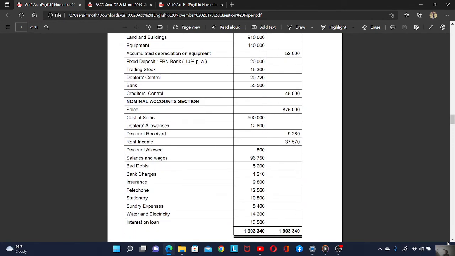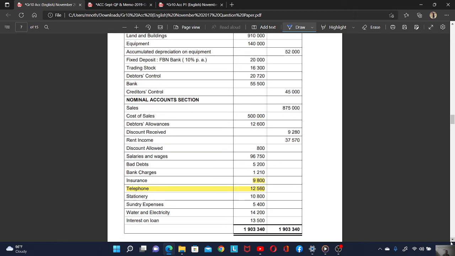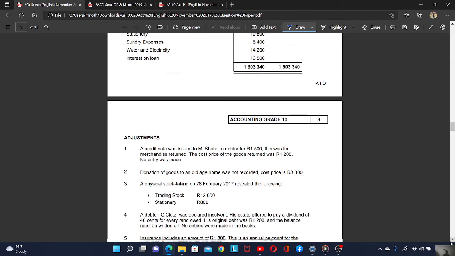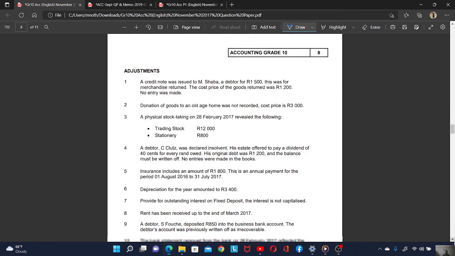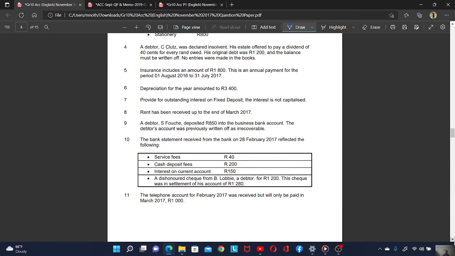How much is our telephone? 12,600. Here it is. It's 12,600. I mean 12,560. So it's a telephone.